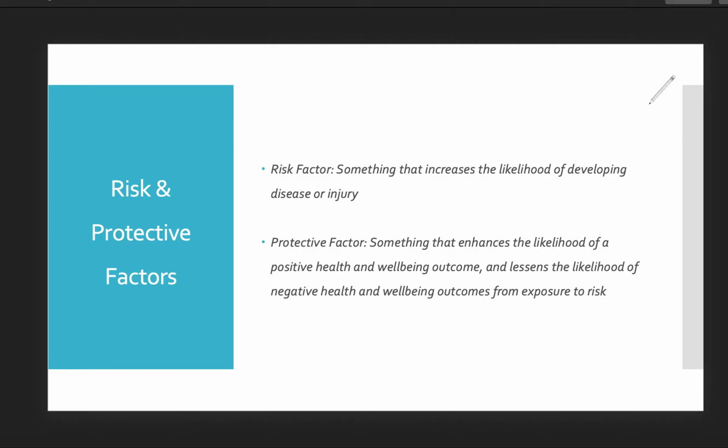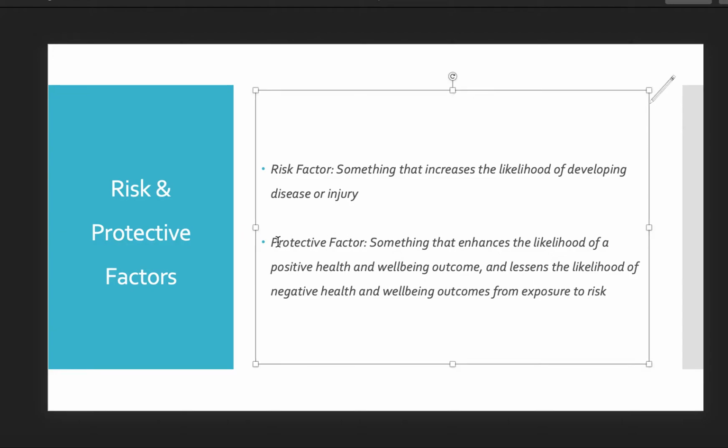So, if you are doing something that has a possible cause for disease or injury, that is taking a risk. That is a risk factor. If you're doing something that is a protective means, a protective factor, that is something that enhances the likelihood of positive health and well-being outcomes. This lessens the likelihood of negative health and well-being from exposure to risk.